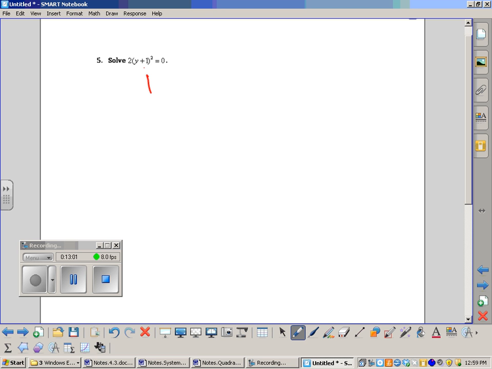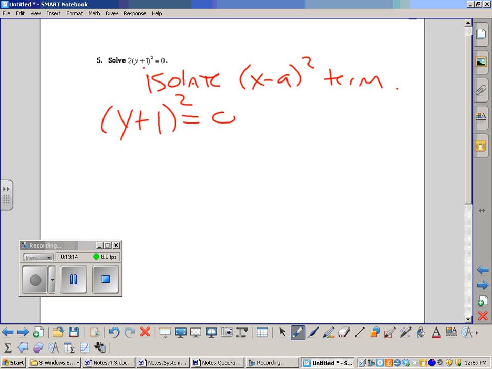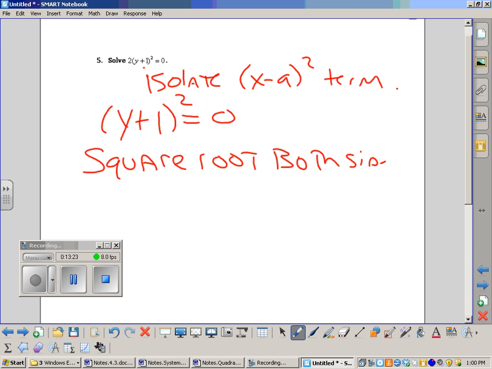You want to isolate the, say, x minus a squared term. So divide by 2. Now square root both sides. We're going to get, remember you have to do the plus or minus 0, but plus or minus 0 really just is 0.